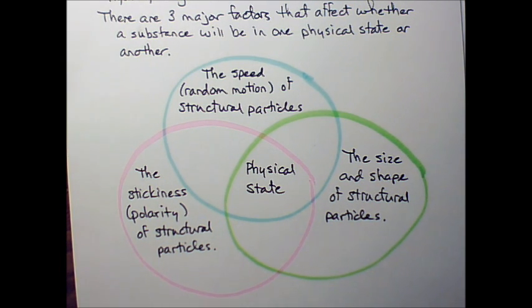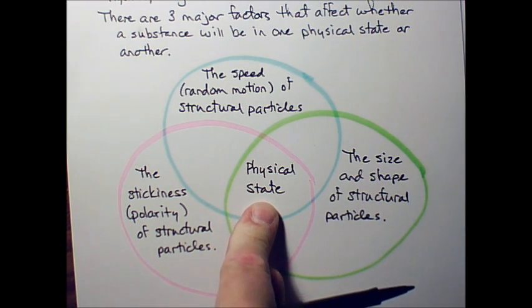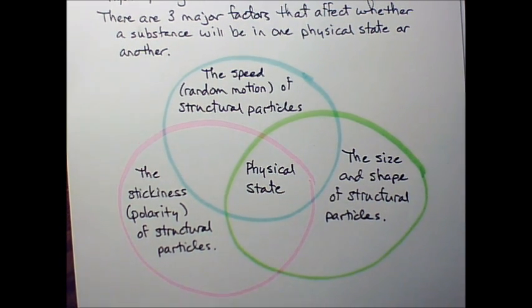Okay? So you're trying to say if it's a solid, then it's more sticky? Not necessarily. It depends. All these factors affect whether it's going to be a solid. I'm just saying whether it's easy to be a solid or not. If it's easy to be a solid, then it's going to have a high melting point because you're going to have to put more energy into it to get it to be a liquid or gas.